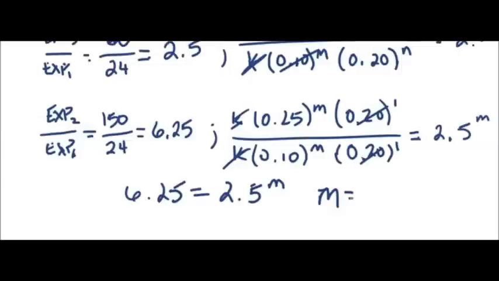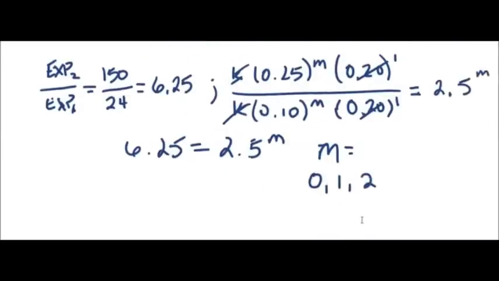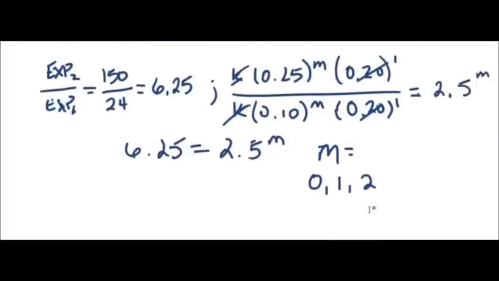Remember, your only options for order are 0, 1, and 2. So if you're not sure, get your calculator out and type it in. If you do 2.5 to the 0, then that has to be 1. If you do 2.5 to the first power, then that has to be 2.5. If you do 2.5 to the second power, or squared, then we have our order that we're looking for. So M is a second order reactant.